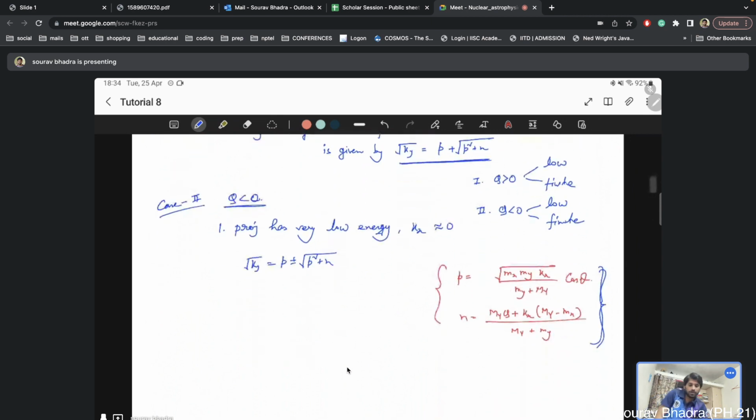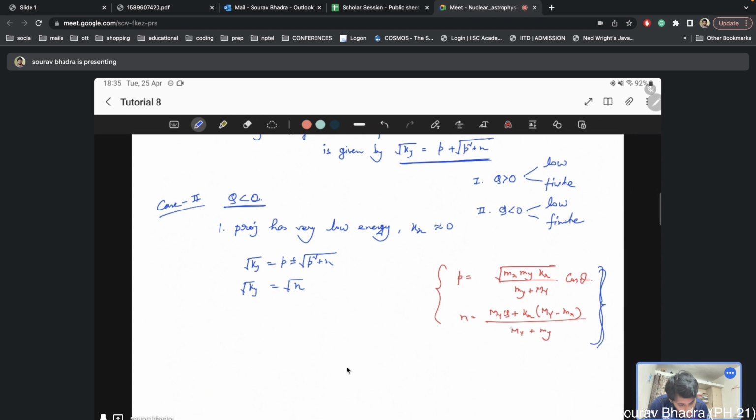So kx equals 0 means p equals 0. So root ky will be root over n, that we can write, and p square plus n.